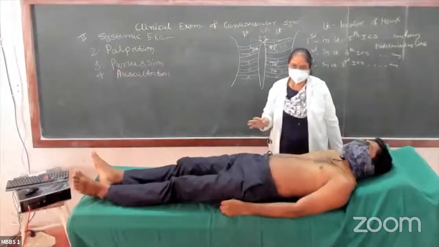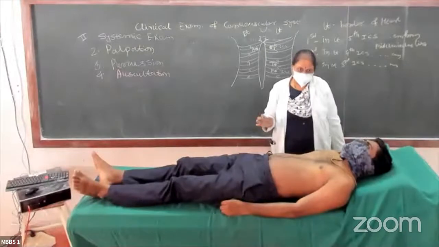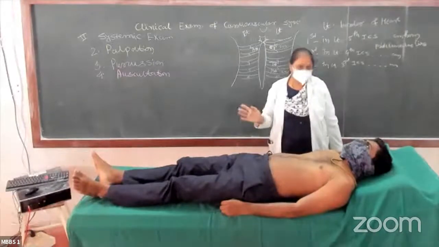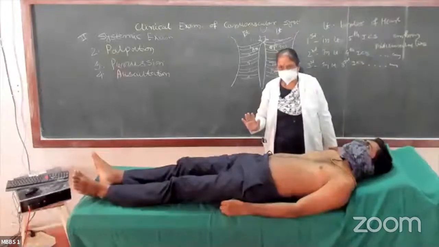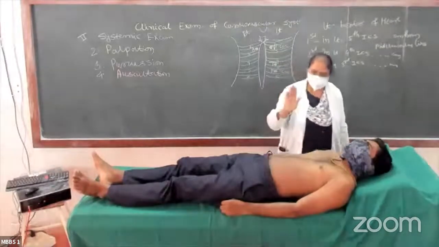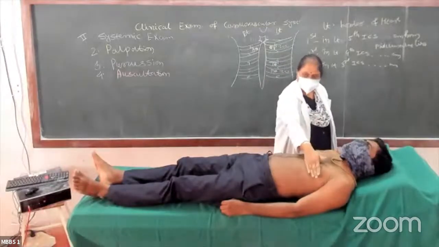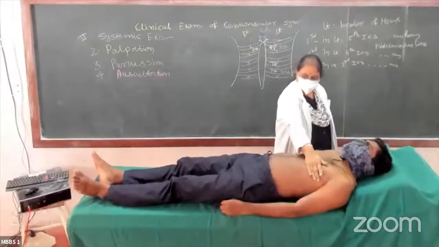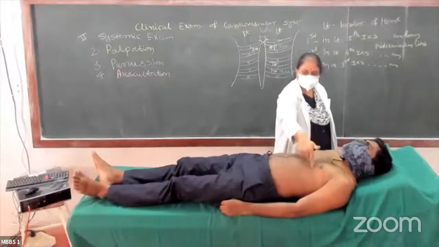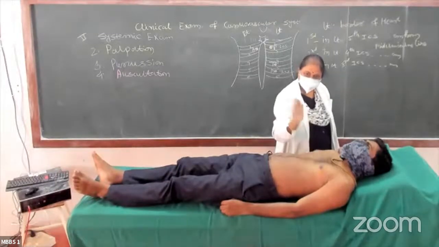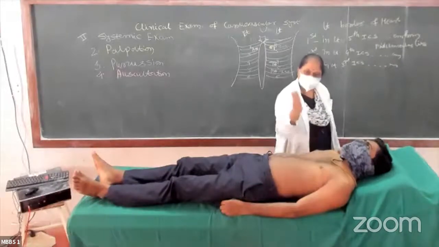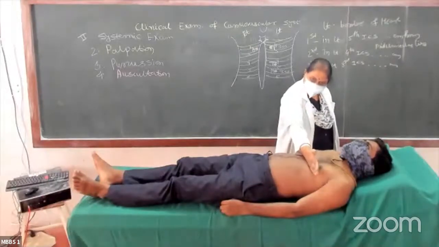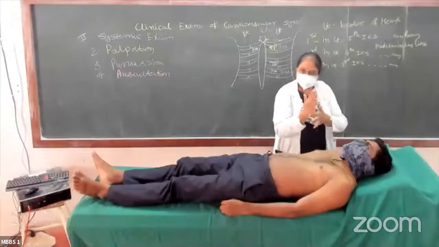Inspection is finished. Then palpation. Palpation first is the apex beat. For the apex beat, first inspect for the apex beat. Then you put your right hand on the left side, flat, like this. If you feel it, you can also confirm with the ulnar border, because the ulnar border is more sensitive.